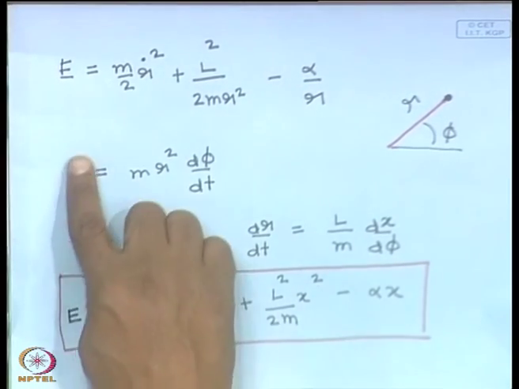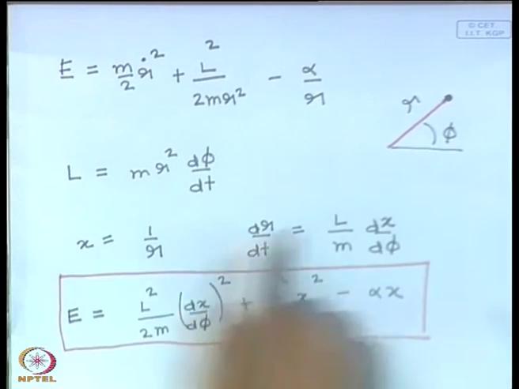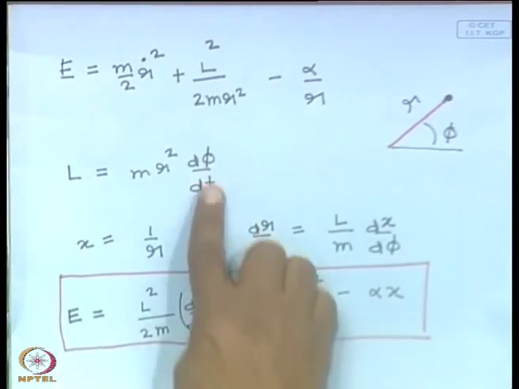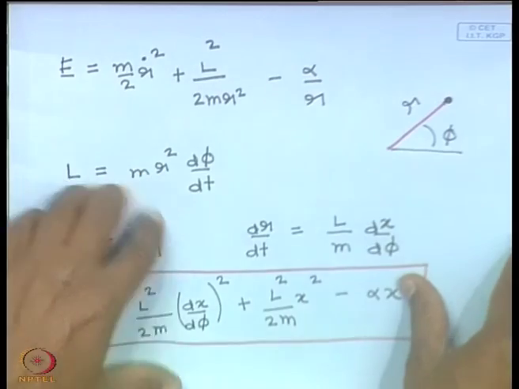Okay, we will not discuss this. We are interested here in r as a function of phi. If you want to know the exact r as a function of time and phi as a function of time, you have to use this. Okay, this will give you phi if you use this and then combine it with the things that we have worked out. The next thing that we shall work out is the orbital period of the ellipse.